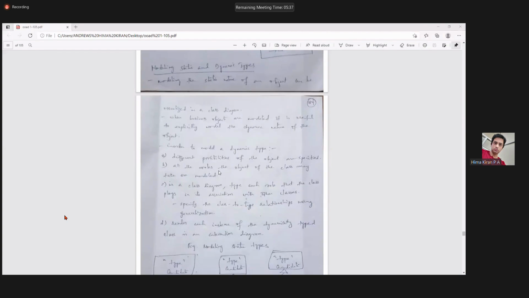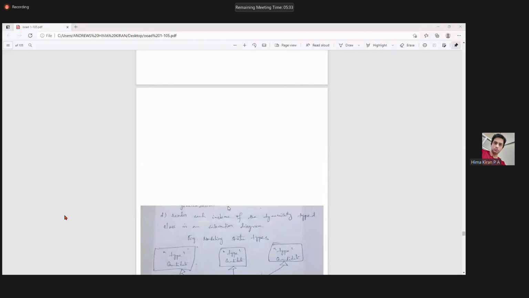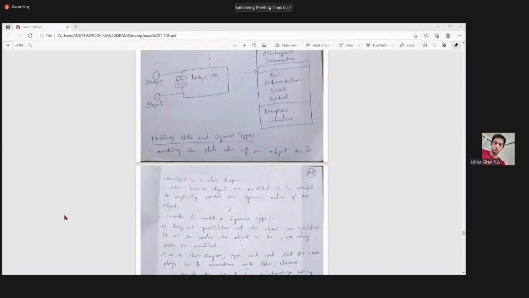Next, modeling static and dynamic types. Static and dynamic types, in the sense, a design which is considered static means no modifications will occur after the designing process. Then what steps we need to concentrate on.